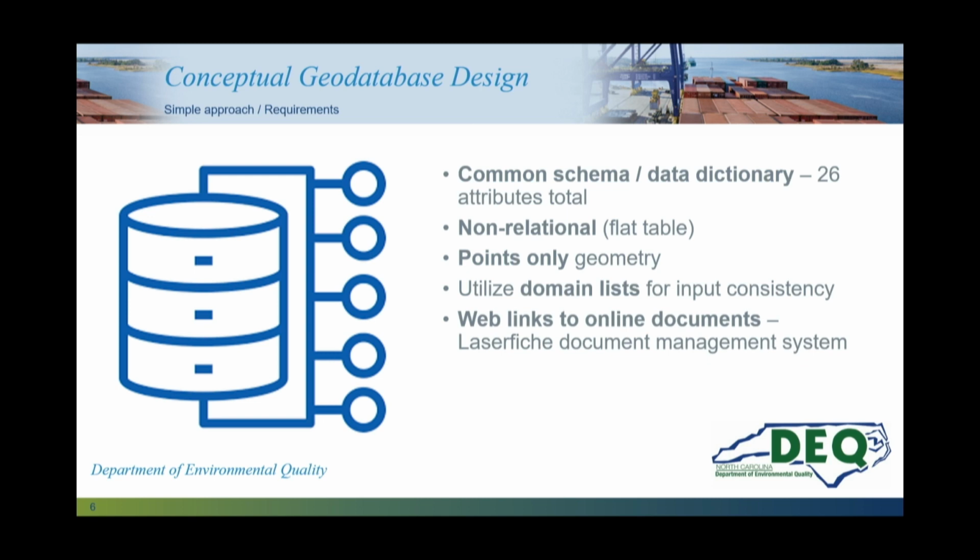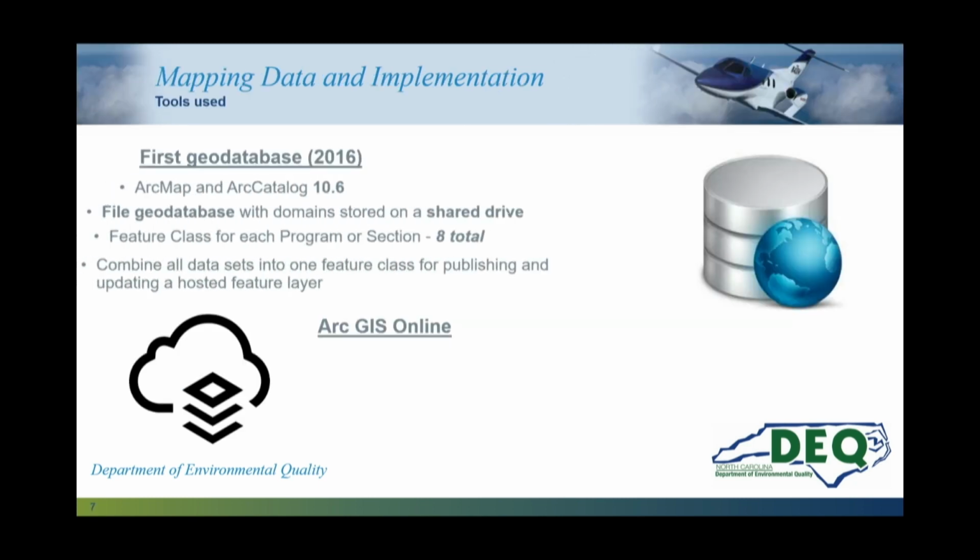Web links, like I mentioned, to Laserfiche, that was going to be managed as an attribute, so not coded in a pop-up or in another way to link to the information. We wanted it in the data set itself, as an attribute. And then, of course, we were going to combine all of the information into one layer. So I will get into that in the next slide here.